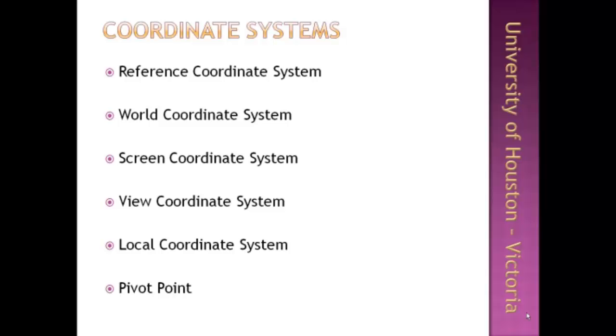With the screen coordinate system, the xy plane is always parallel to the active viewport, and the z-axis always points out towards the viewer. That is, the screen coordinate system is as if you were looking in an orthographic view of the objects in the scene.